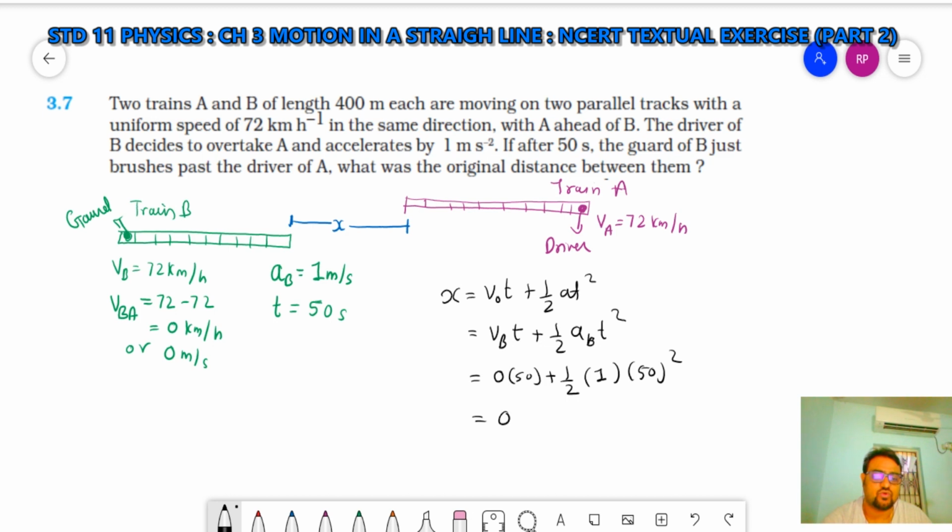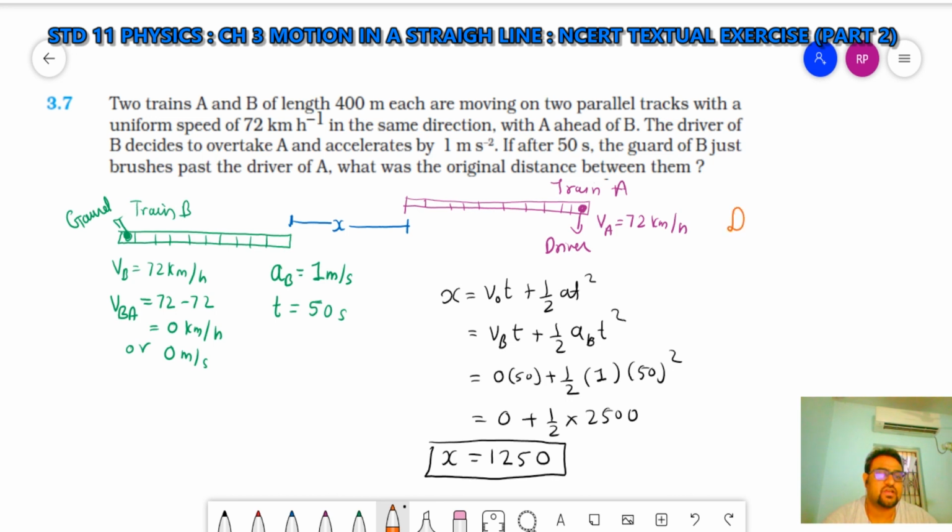So this will be equal to 0 plus half of 50 square, that is half of 2500. So x is equal to 1250. Clear?